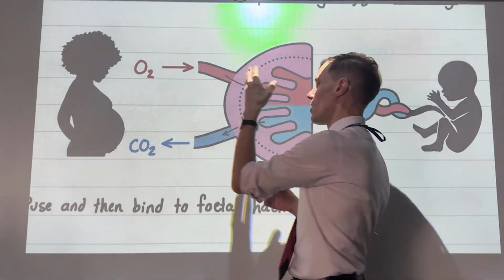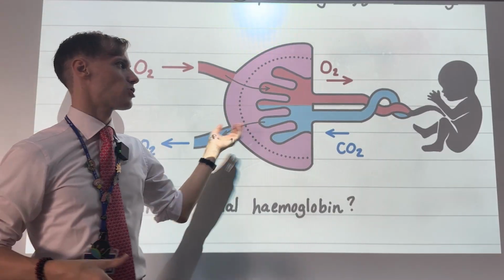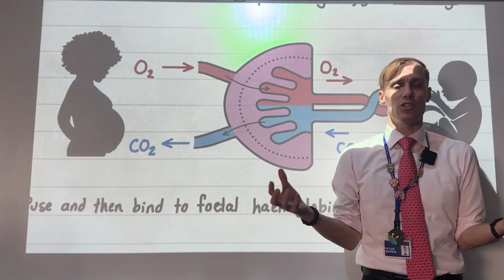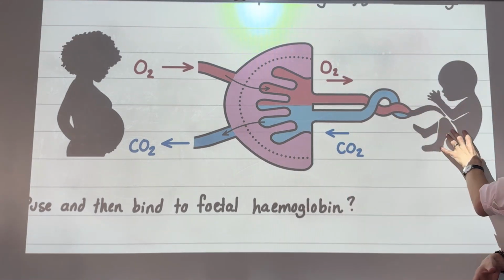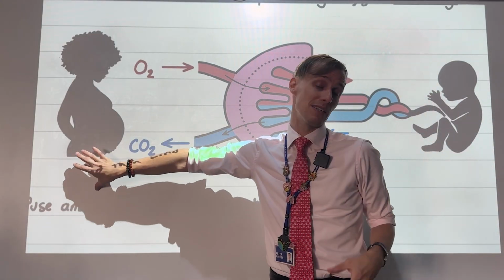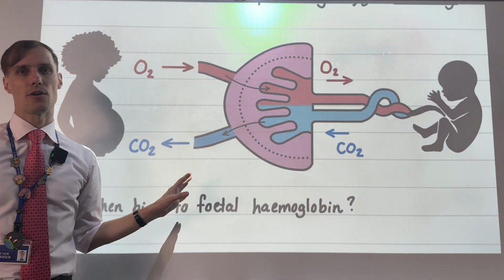And so the mother might not be able to deliver as much oxygen to her fetus. So there's actually a very cool evolutionary adaptation around this problem, and that is the fetus does not use the same hemoglobin as its mother. So let's just do a quick recap of this scenario here.